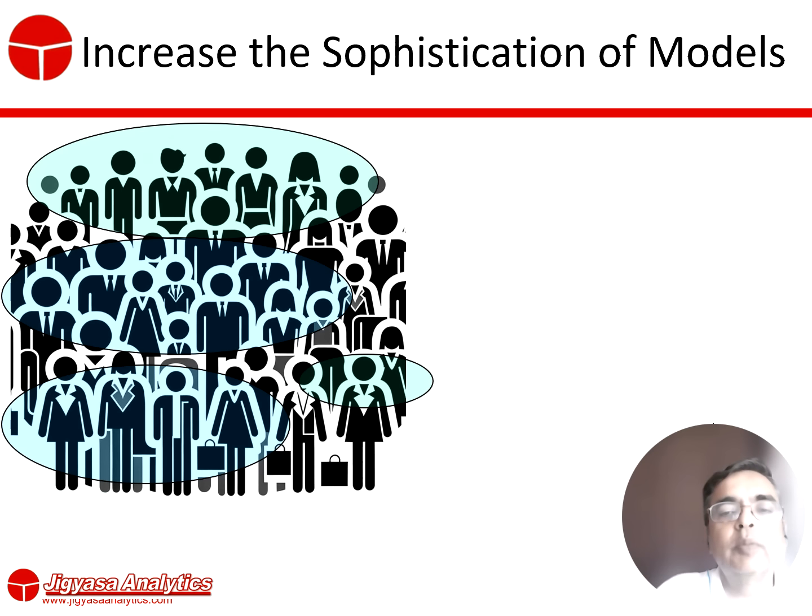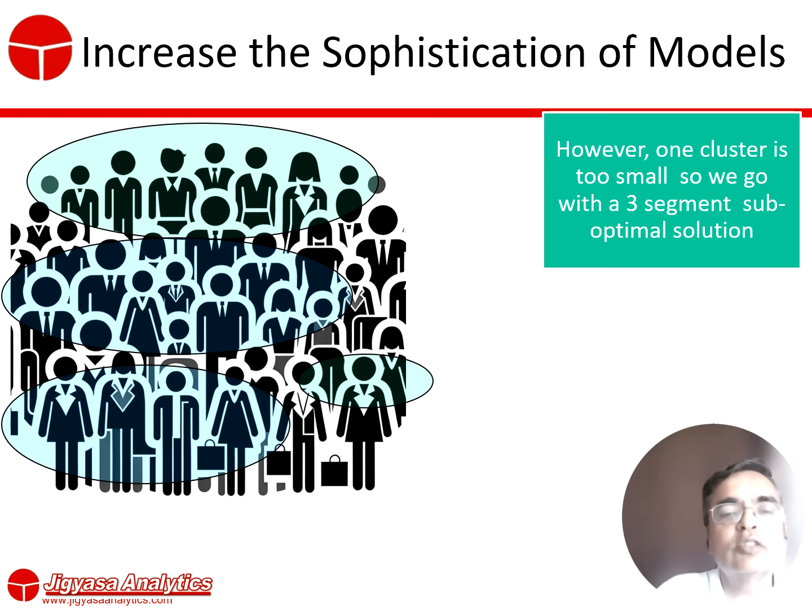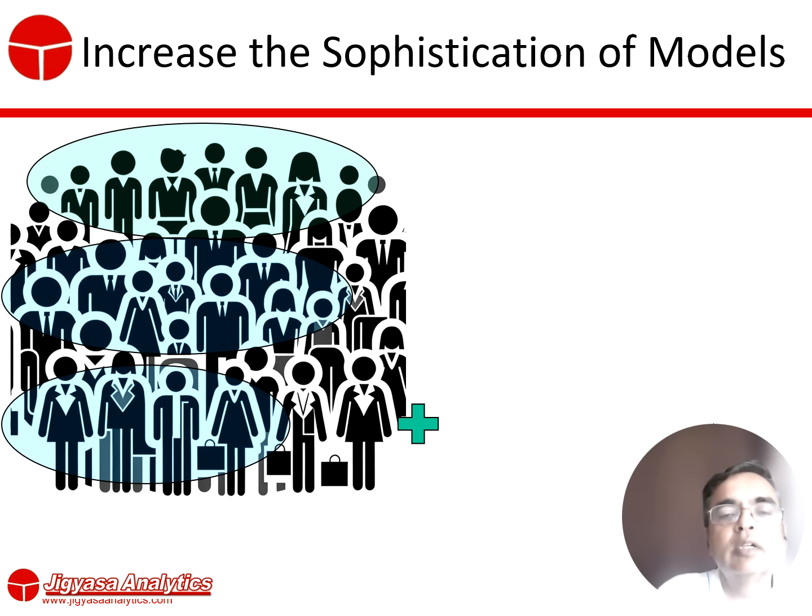Now, because one of the segments is so small, we would not have the critical amount of data needed to build a model with that segment. So a very common exercise done in this situation is that we combine the segments and we are left with a 3 segment solution. However, how about we approach the problem a little differently?